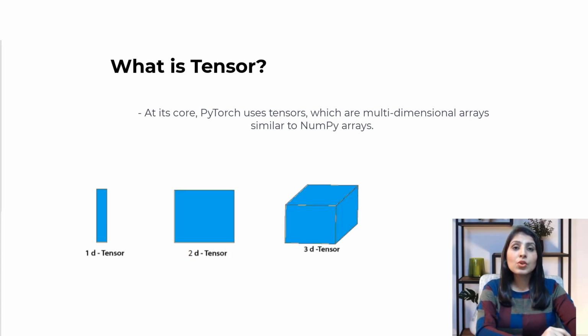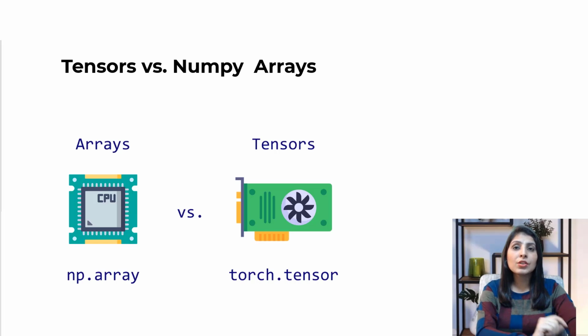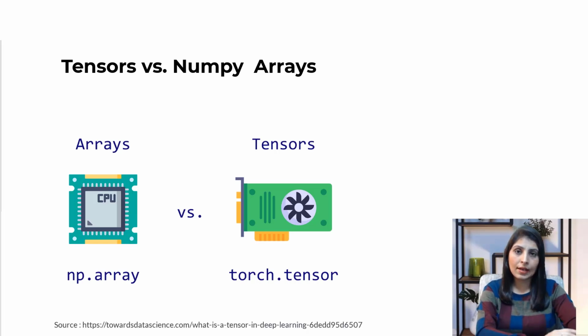So guys, now the question is, if we already have a NumPy array, then why do we need a tensor? Let's see what the difference is between a PyTorch tensor and a NumPy array, and why we should use a tensor. The biggest difference is that a PyTorch tensor can run on either GPU or CPU, which a NumPy array lacks.